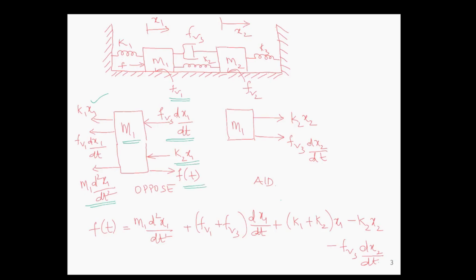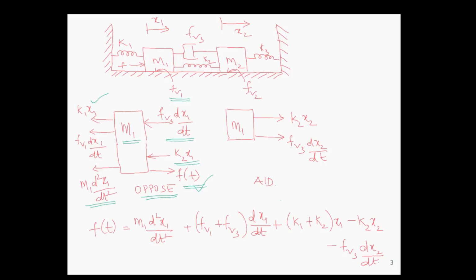All the forces acting on M1 oppose this force F of t. So F of t is only towards the right, and all other forces are towards the left direction. All the other forces will oppose the force applied on mass M1.